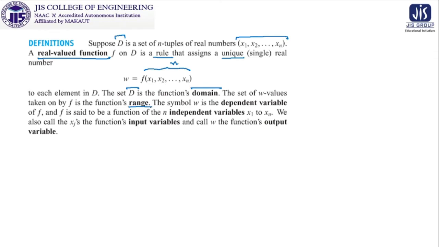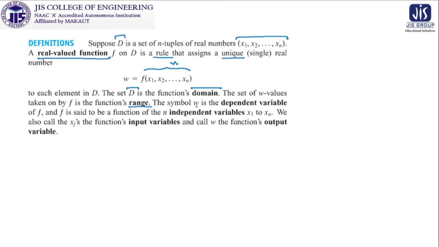For every selected point from the domain, you will get a unique value of f, denoted by w, and all these w's are placed in a set which is the range of that function.